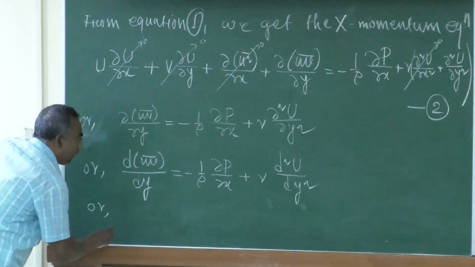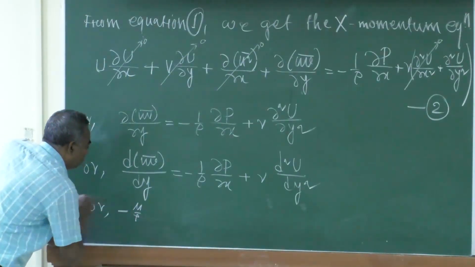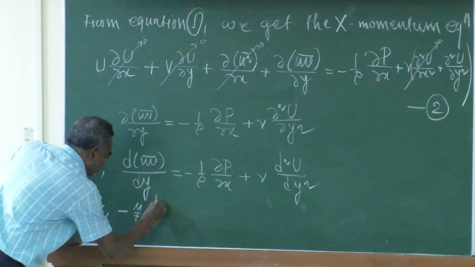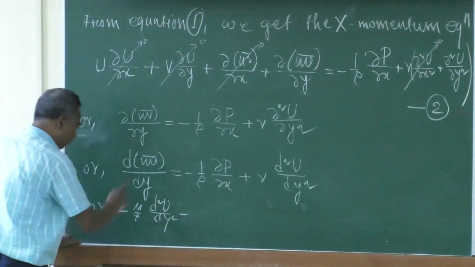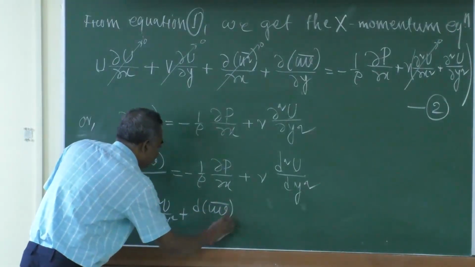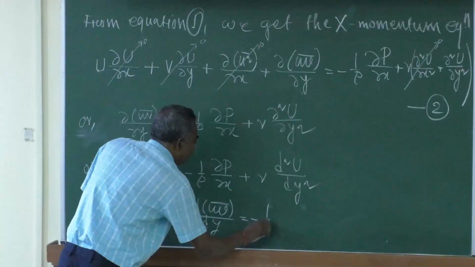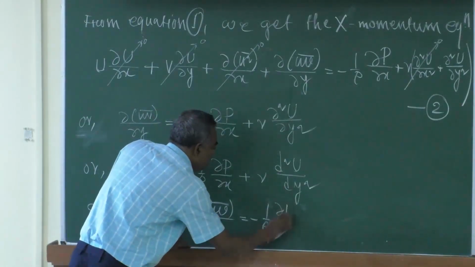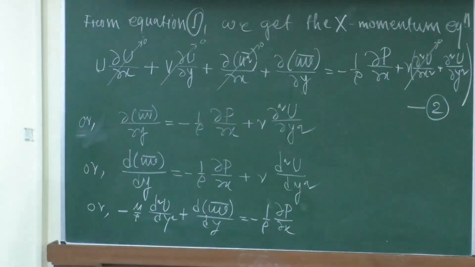Then we can write minus mu by rho d²u/dy², plus d(uv bar)/dy, equals to minus 1 by rho ∂p/∂x. Let us again rearrange.